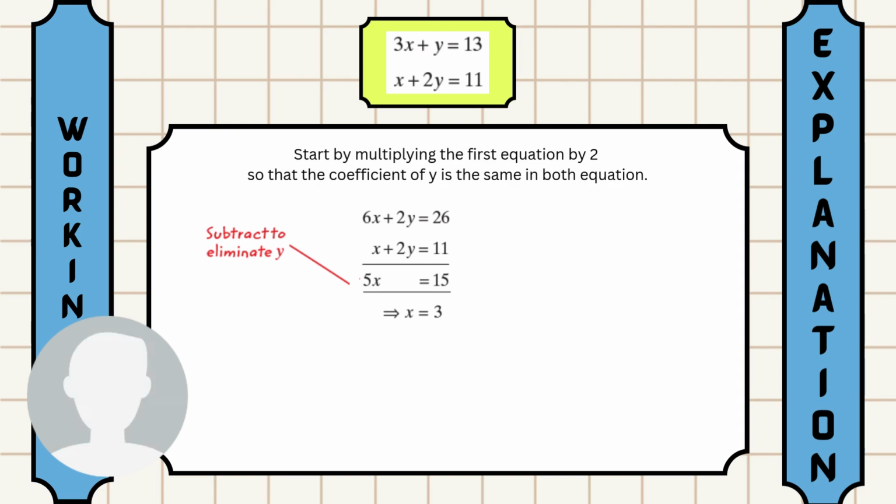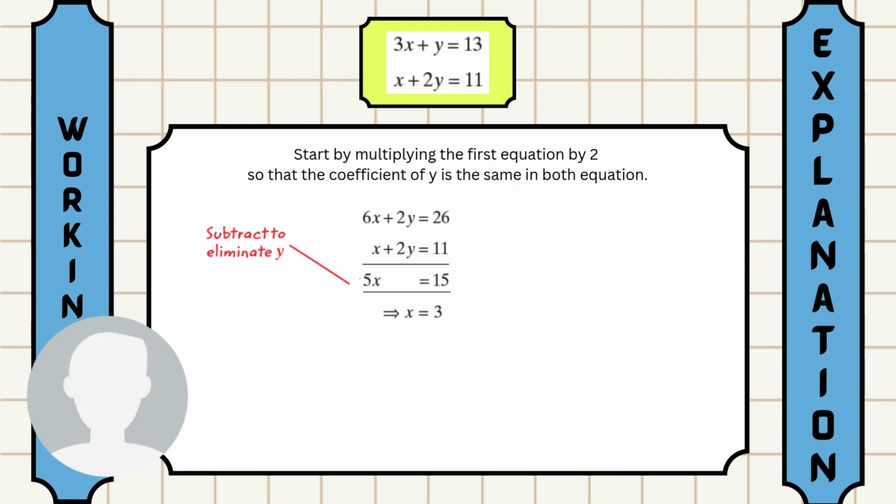Okay, and you will start noticing that the coefficient of the y are the same in both equations. So if it is already the same, then we can easily eliminate it. To eliminate the y, you need to subtract both of the equations.